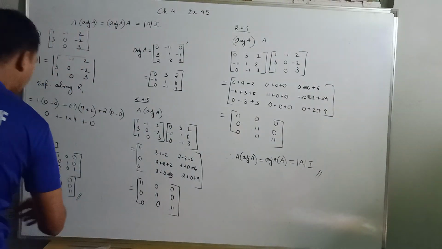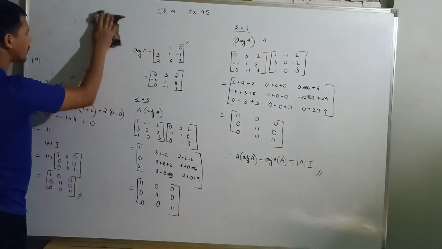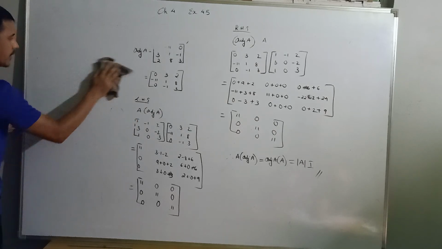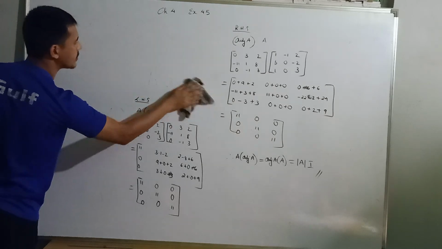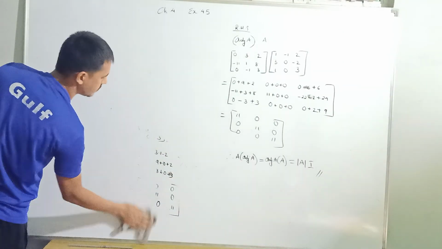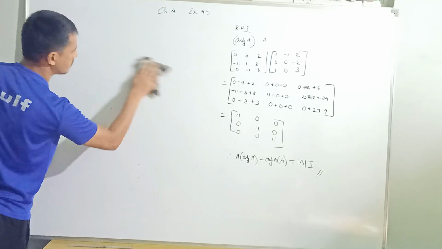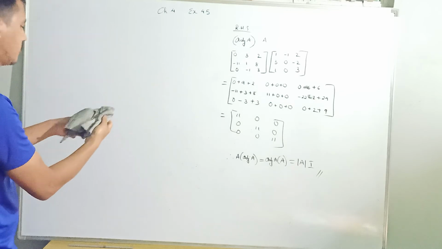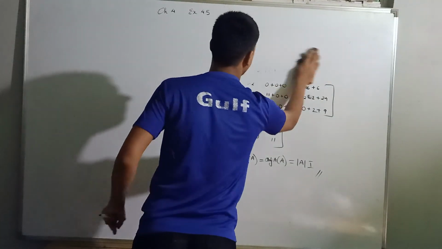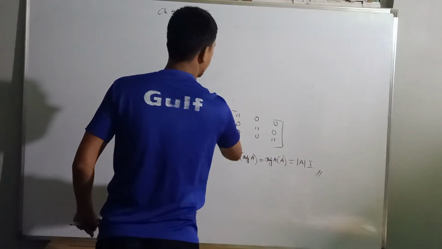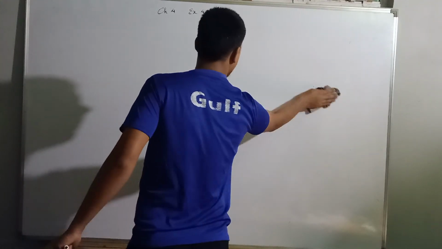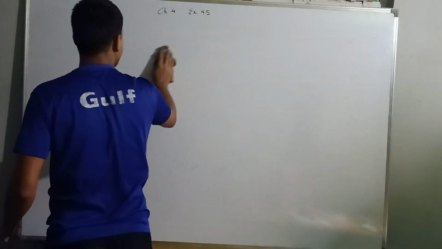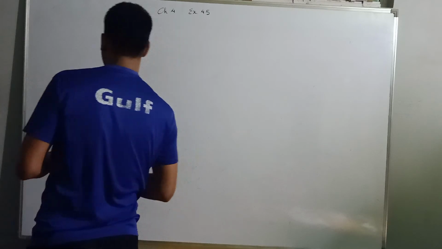So the next type of question will be finding the inverse of the given matrix. Finding the adjoint of the given matrix. See, you need to know that a square matrix is invertible. Let me say this.